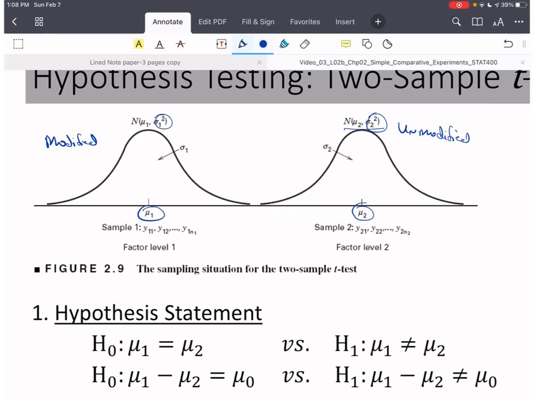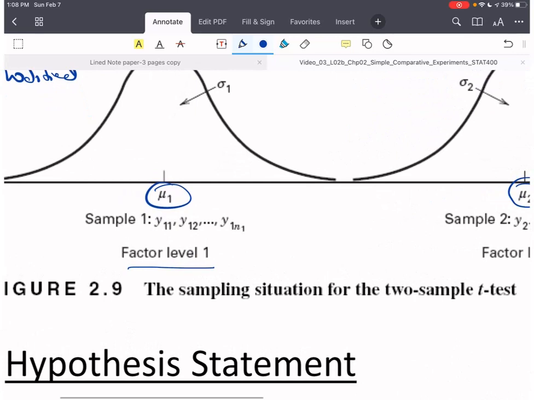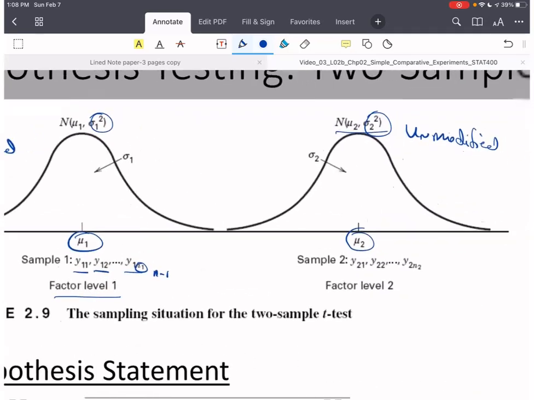So this is for factor level 1. I'll zoom in so you can see that we have y11, y12, on up to y1, n1. Hard to get these typesetting programs to adequately display these things in some cases. So that's the notation there.